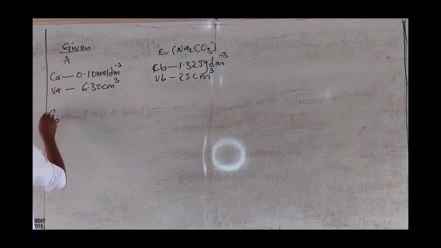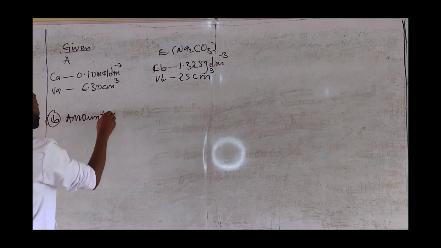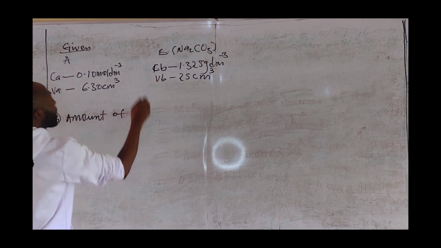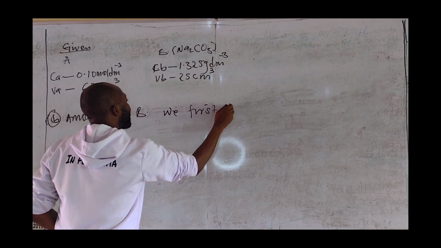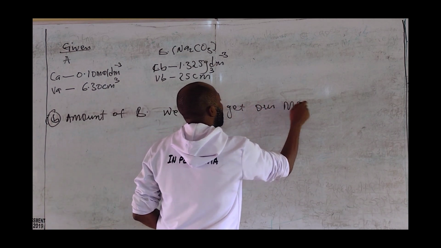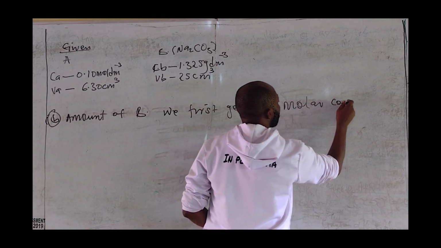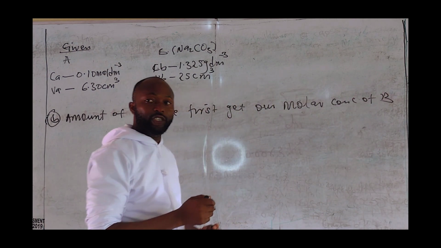Now, this is the amount of B. But we first get our molar concentration of B. Concentration here means molar concentration.